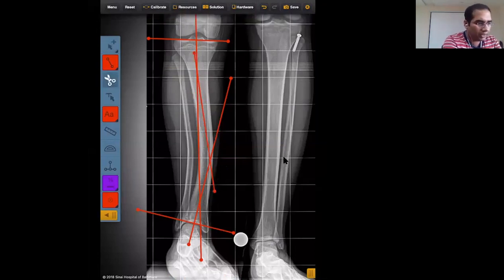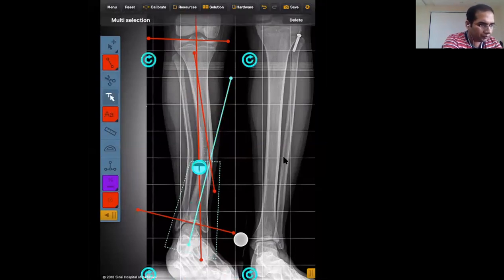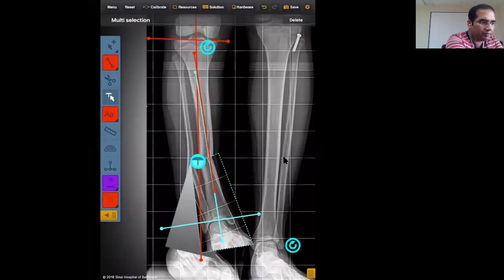What will happen now is I will have to do two osteotomies. Let's plan a closing wedge over here. We don't have to do opening wedge all the time.